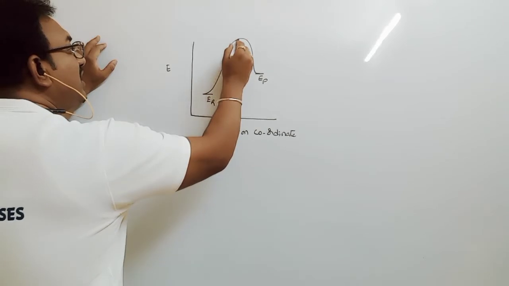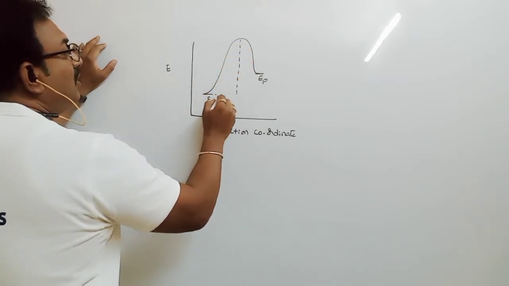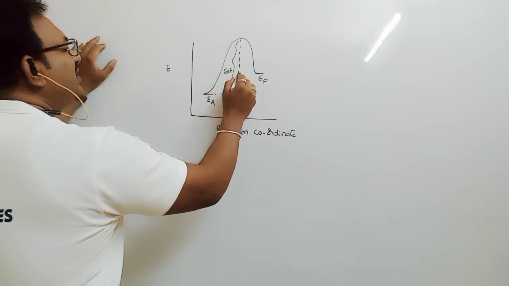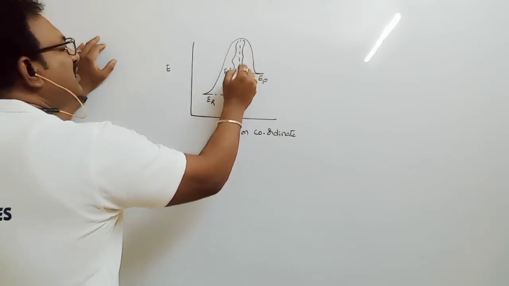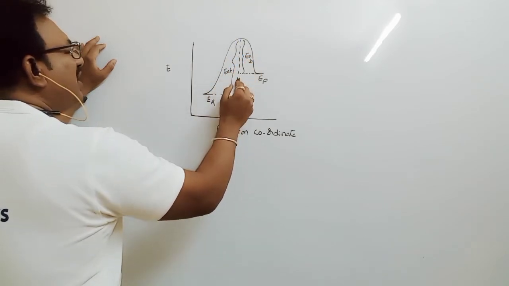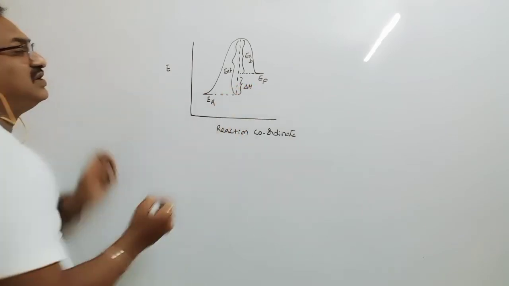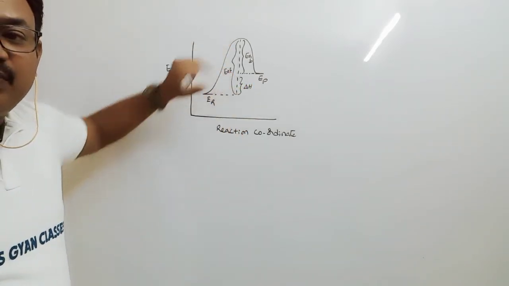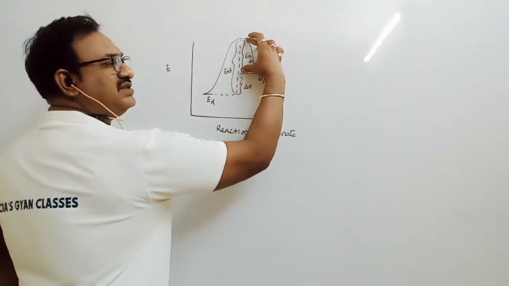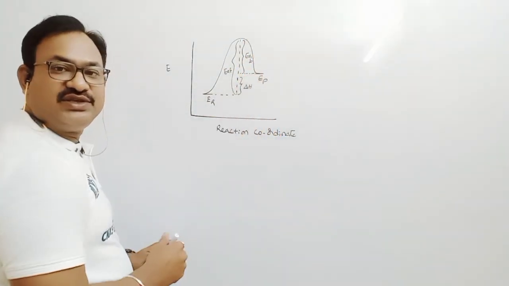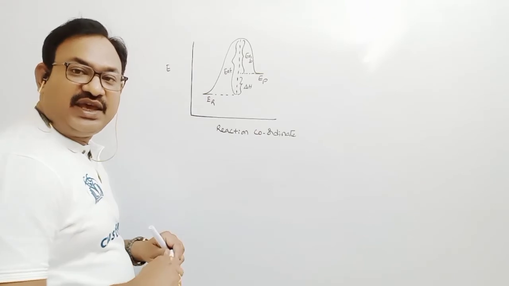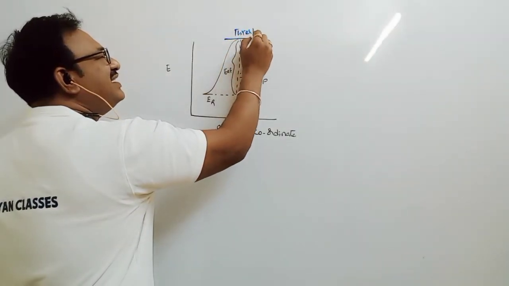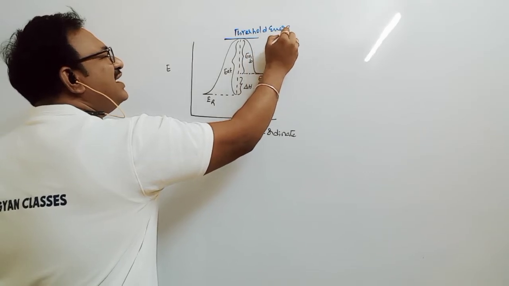Let us take an endothermic reaction like this. This one is the activation energy of the forward reaction. This one is the activation energy of the backward reaction, and this is del H. So this height is the activation energy of forward, this part is the activation energy of backward, and then del H. The topmost line is the threshold energy.